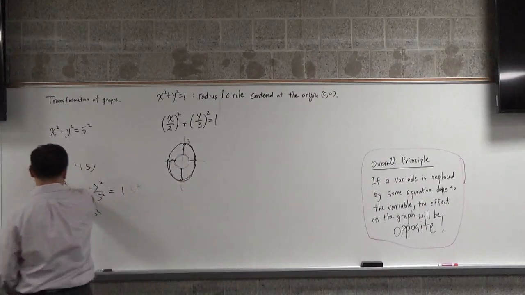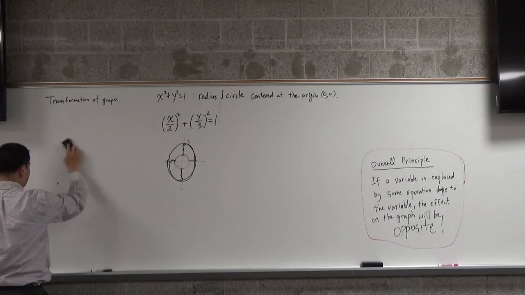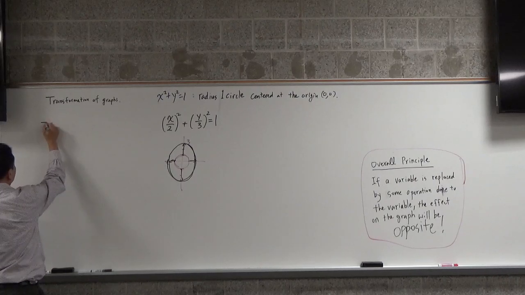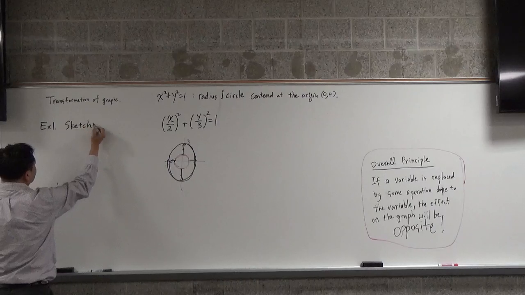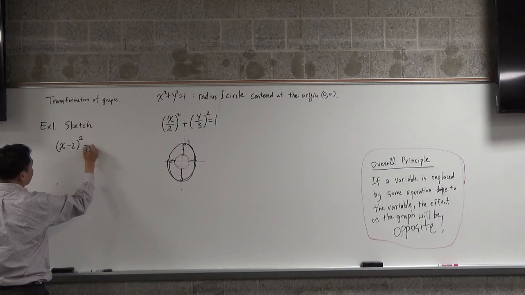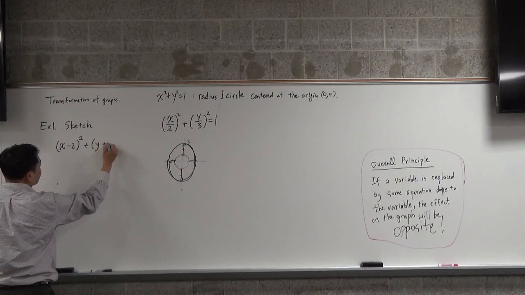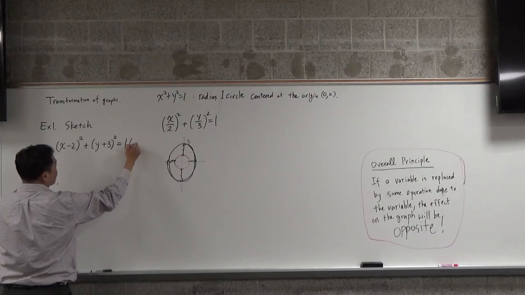Okay, so let me start over here. Example 1, sketch: x minus 2 squared plus y plus 3 squared equals, say, 16.